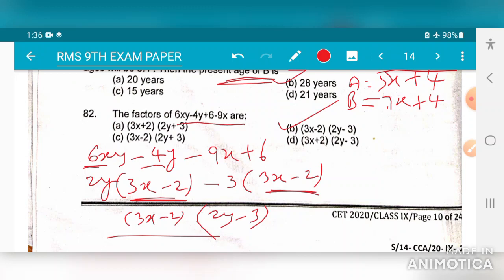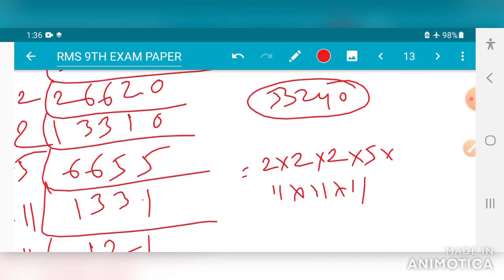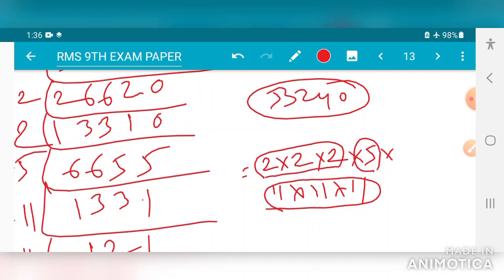Which number is to be divided means, see here, 53240. For a cube, we have one group of three 2s and one group of three 11s. The remaining 5 is left over. So 53240 is exactly divisible and becomes a perfect cube if we divide by 5.